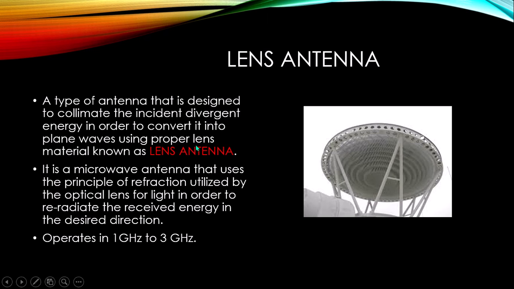known as a lens antenna. A lens antenna is a microwave antenna that uses the principle of refraction, as utilized by the optical lens for light, in order to re-radiate the received energy in the desired directions. A lens antenna operates in the frequency range of 1 GHz to 3 GHz, and it is majorly operated at high frequency.